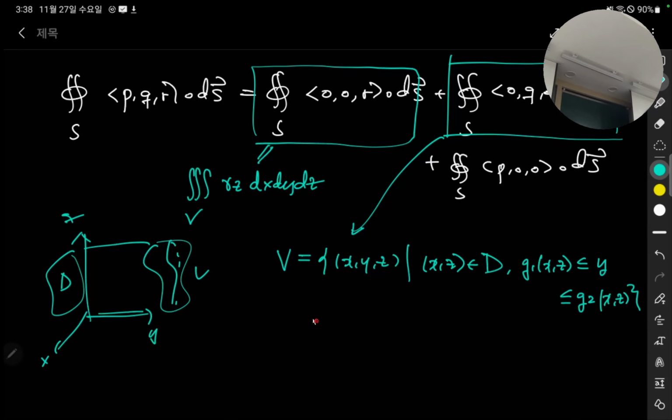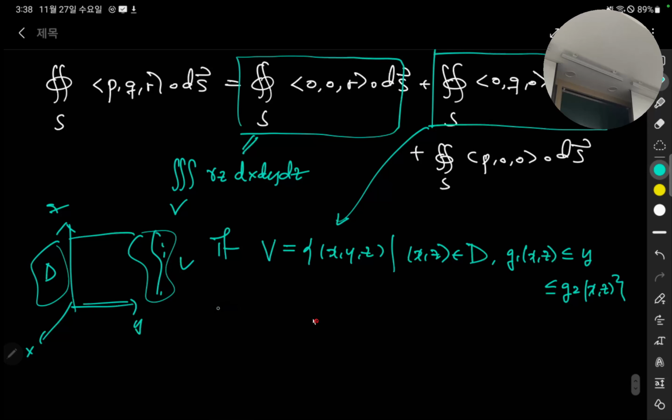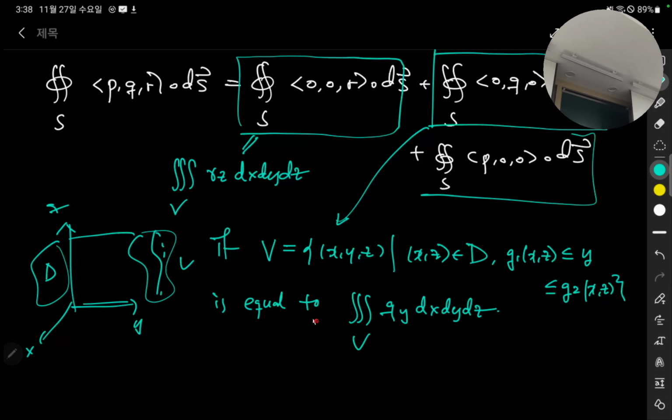With this observation, you can conclude the same thing: this is equal to the integration of Qy dx dy dz over the same volume. And this one, you do the same thing, and you can conclude that this equals the integration over V of Px dx dy dz.